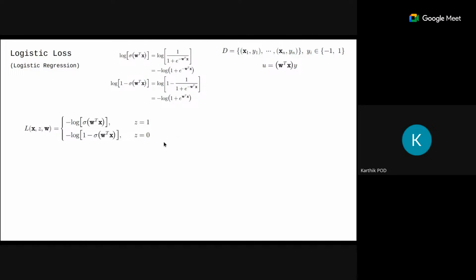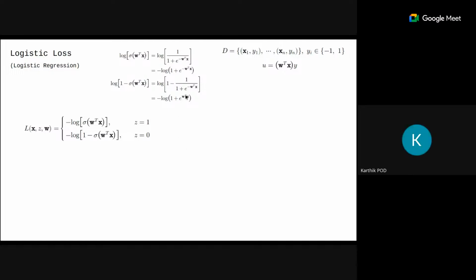So below part minus log 1 plus e to the power minus w transpose x. When we solve 1 minus 1 upon 1 plus e to the power minus w transpose x, it equals e to the power minus w transpose x upon 1 plus e to the power minus w transpose x.